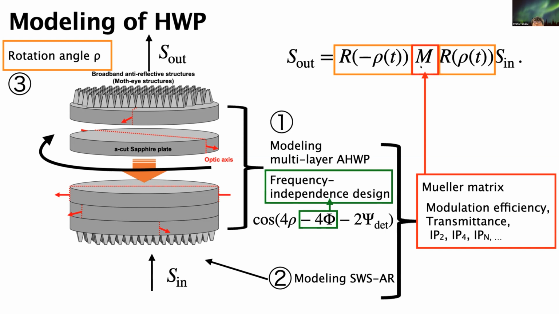The Mueller matrix is here. We also need to care about the rotation angle rho, which rotates the Mueller matrix of this half-wave plate, but I won't introduce the details this time. So today I will focus on modeling number 1 and number 2.